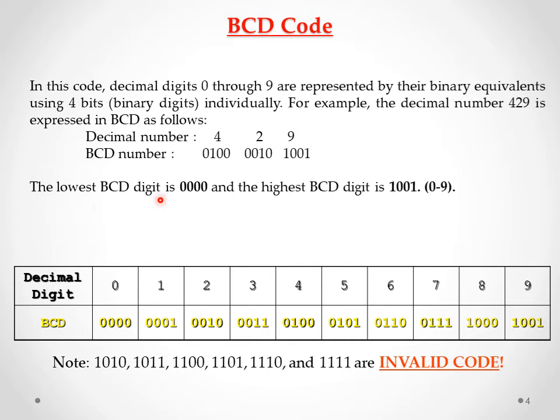The lowest BCD digit is 0 and the highest BCD digit is 9. This is the truth table for the decimal digit and the BCD equivalent. The 0 to 9 combinations are used for the BCD code. In this BCD code, 10 to 15, a total of 6 combinations, are invalid codes.